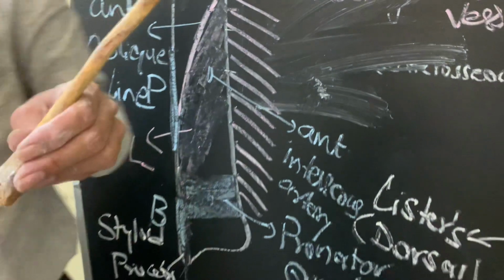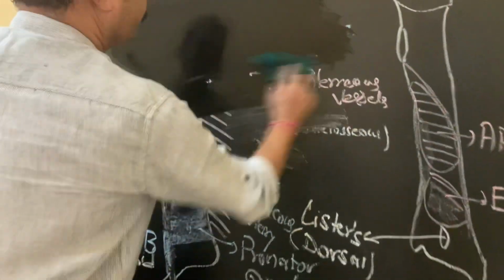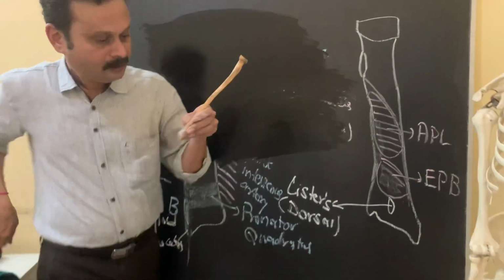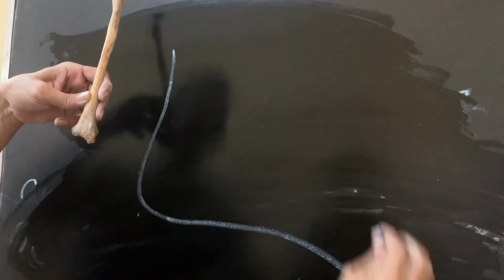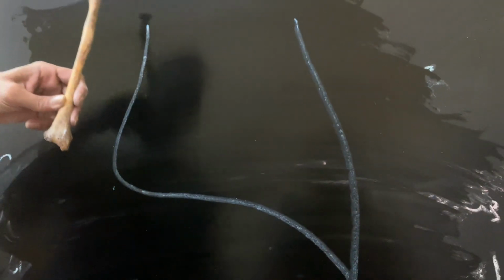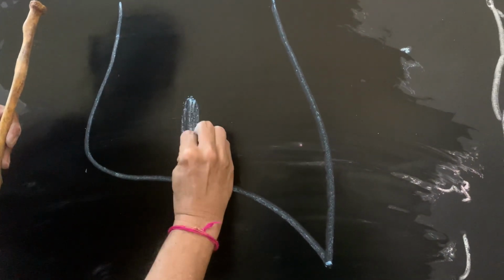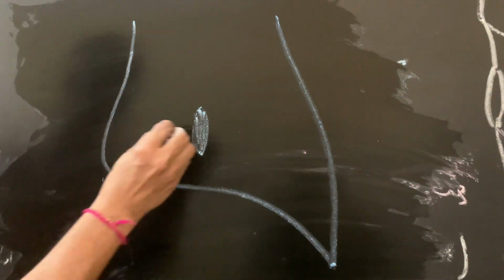Posterior surface, this is very important. I just drew only the posterior surface of the lower end of the right-sided radius, this being the styloid process. It contains a prominent tubercle, which I have already said is Lister's tubercle or dorsal tubercle.